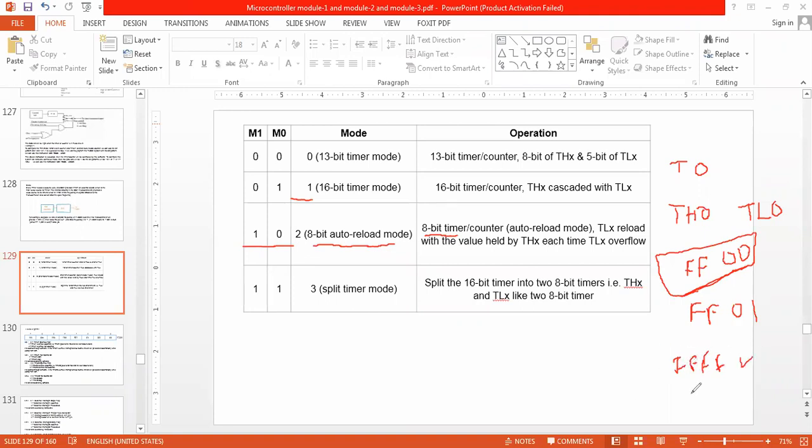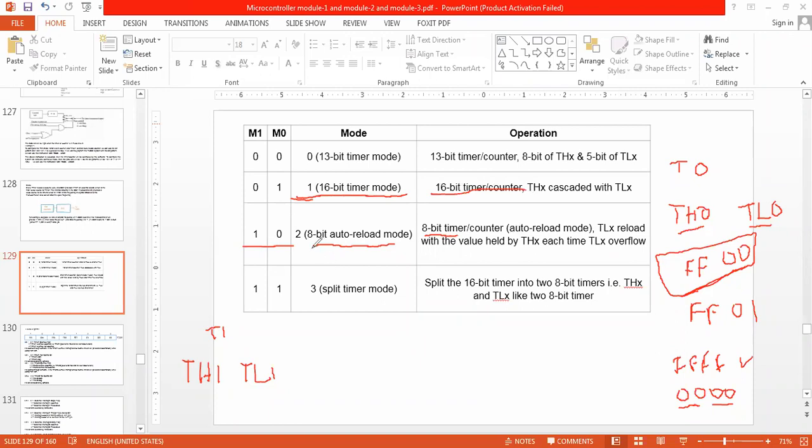After this, what will be the next number? It will be 0000. So TH0 is also 0, TL0 is also 0. Both are working together, TH0 and TL0. In terms of T1, TH1 and TL1, both are working together, incrementing together. That is 16-bit mode.